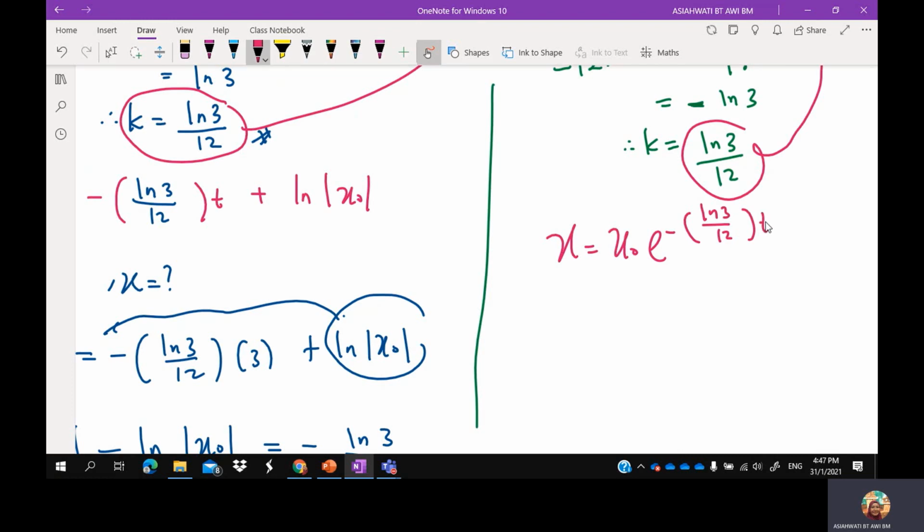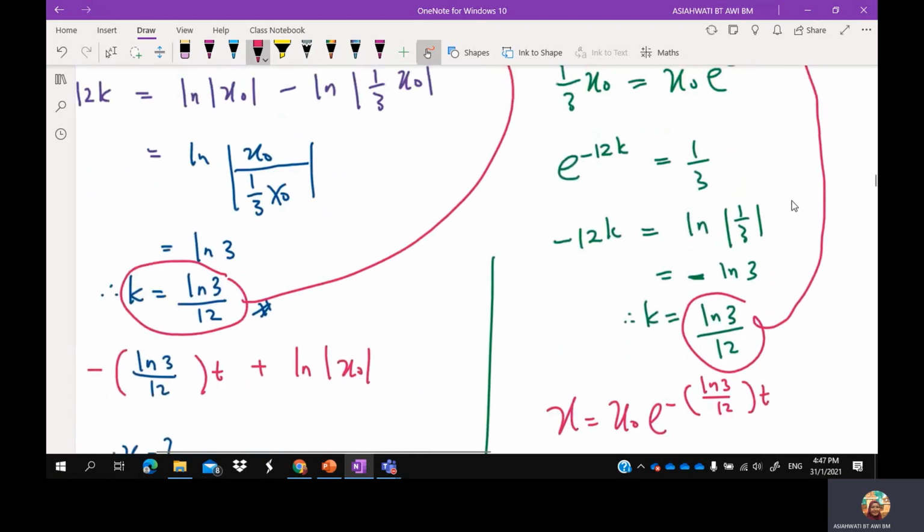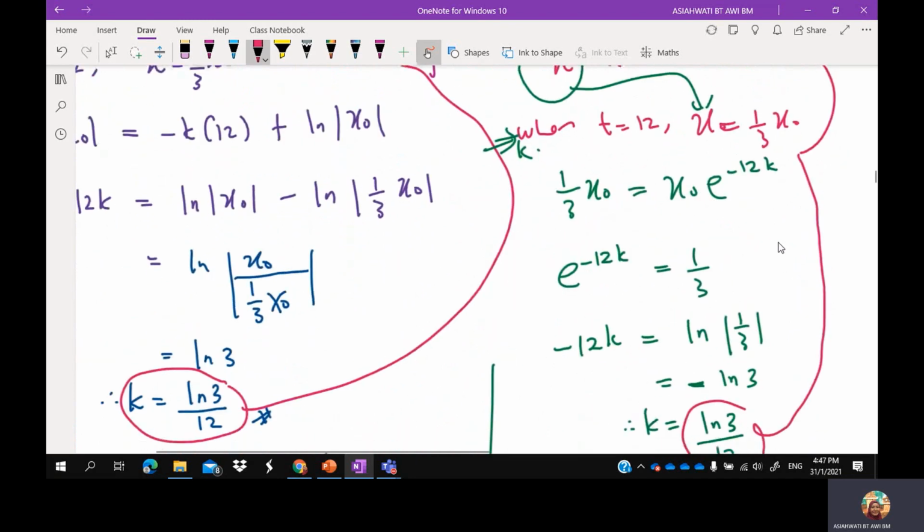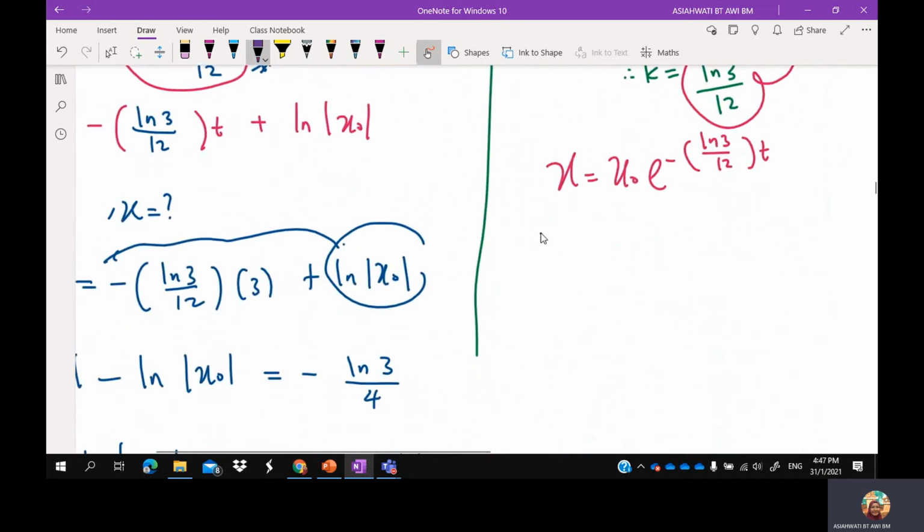Here is t. Double check. Settled. t is equal to 3, and we are going to find x.